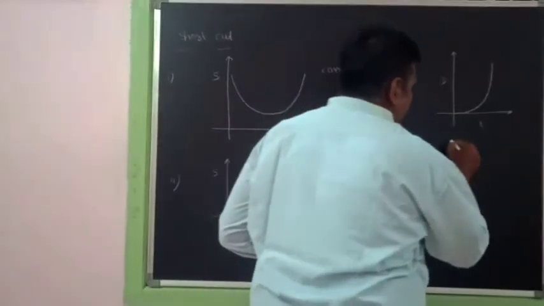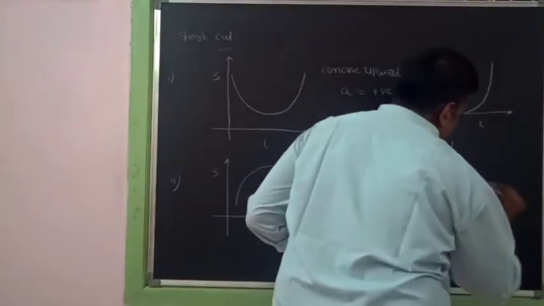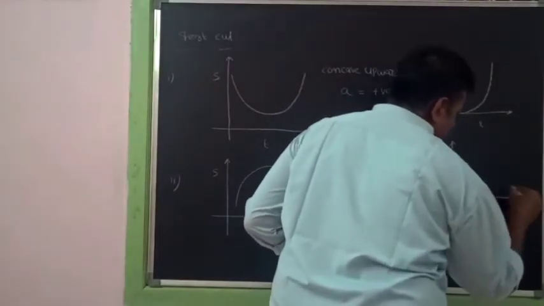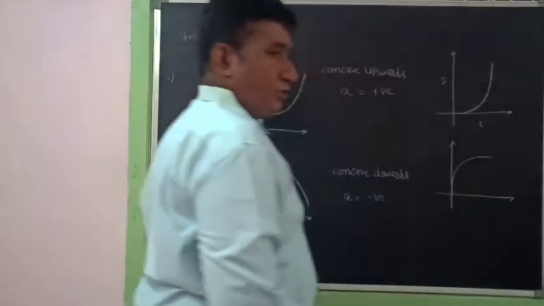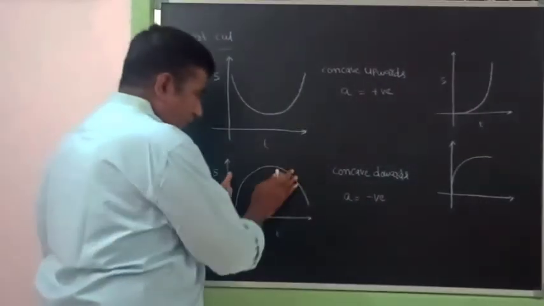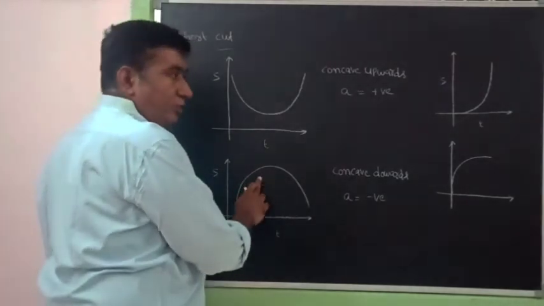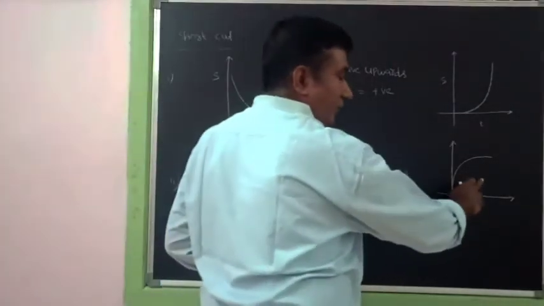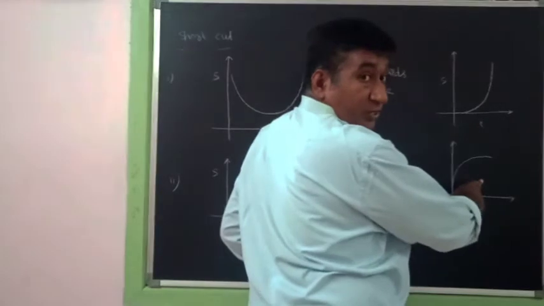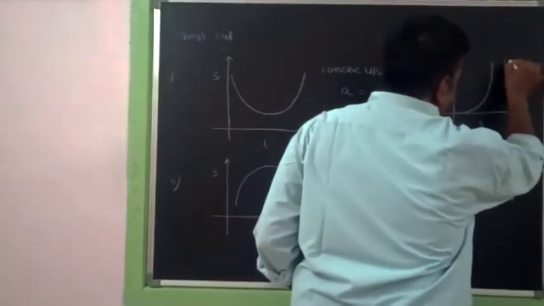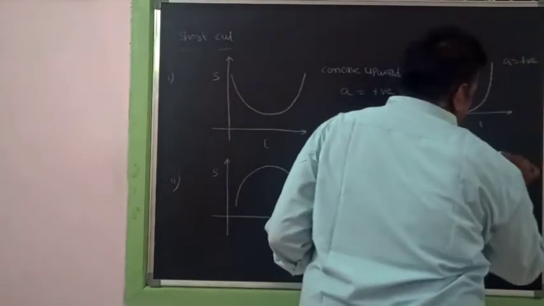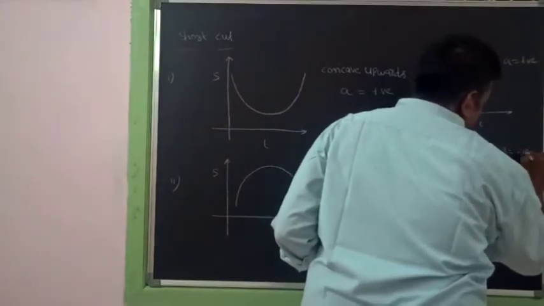In the same way, for uniform retardation, if you take this concave downwards, we said that it is uniform retardation. Retardation means acceleration is negative. Here in this case acceleration is positive, in this case acceleration is negative.